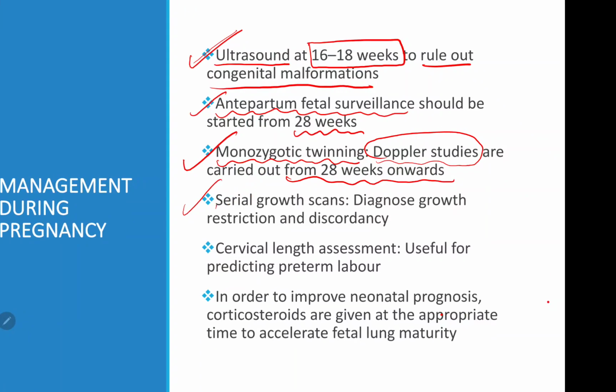Then you are going to move on to serial growth scans, very important. These growth scans are used to diagnose if there is any growth restriction or any discordancy between the two twins.